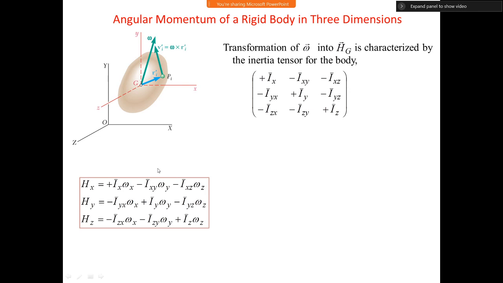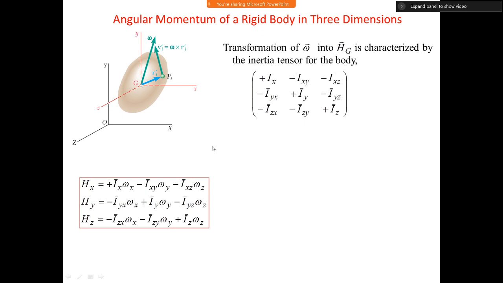Now there is a special direction corresponding to any complicated 3D object. There is a specific set of directions called the principal axes, along which the product of inertia terms Ixy, Ixz, Iyz become 0.